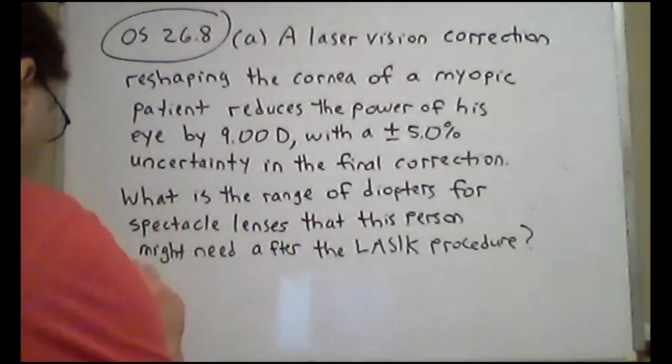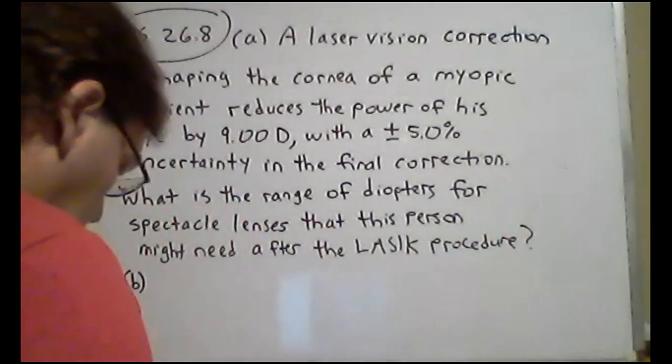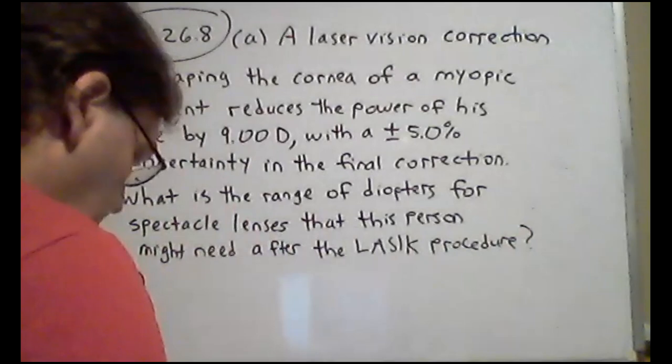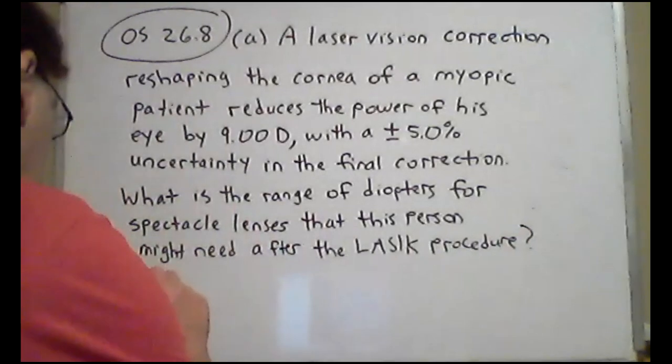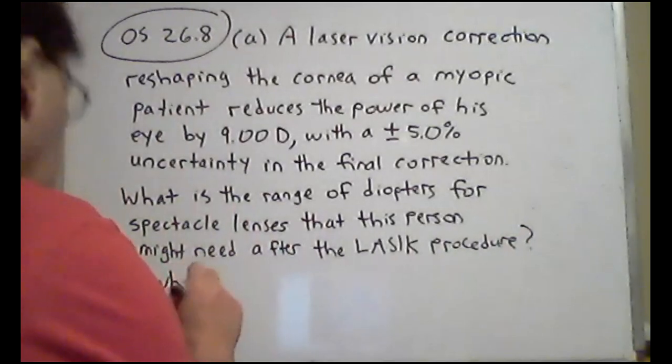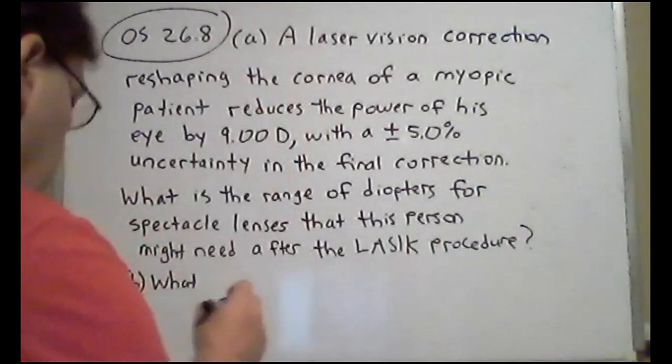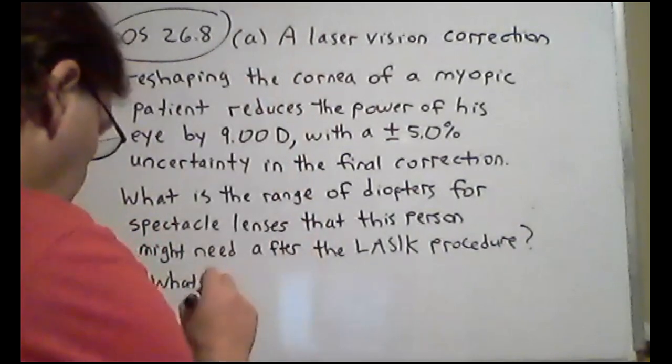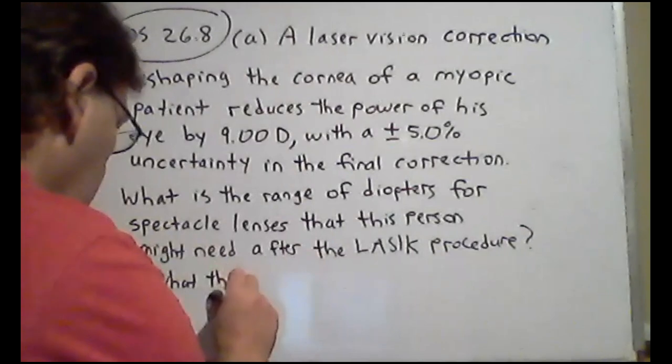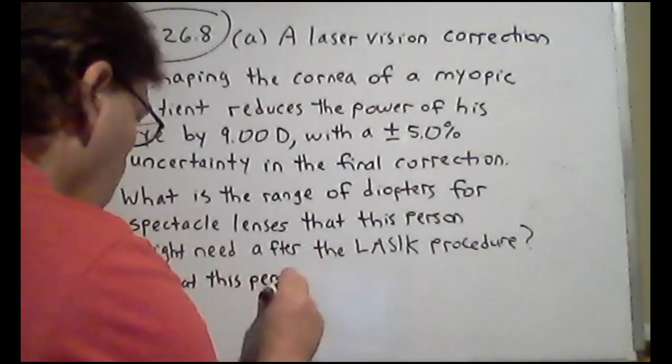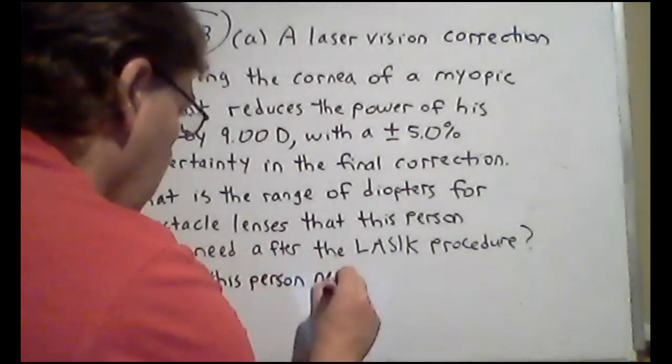Part B asks, was this person nearsighted or farsighted? I can read this and already tell you what that is, without doing any calculations.